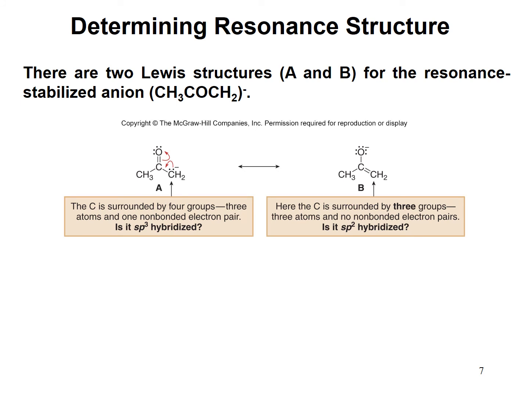So how do we determine resonance structures? Here we'll see two examples of Lewis structures for the stabilized anion CH3COCH2-. If we look at structure A, we'll see that the sp3 hybridized carbon has a lone pair of electrons.